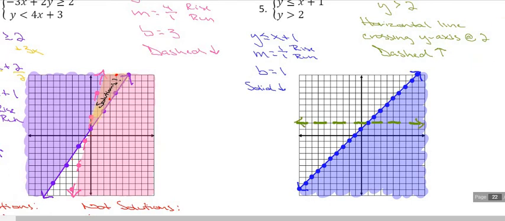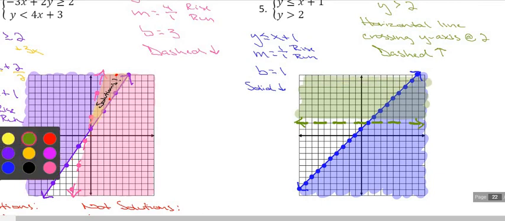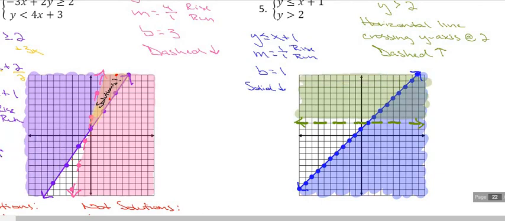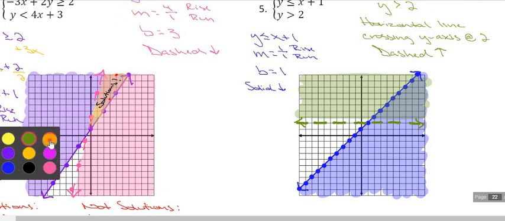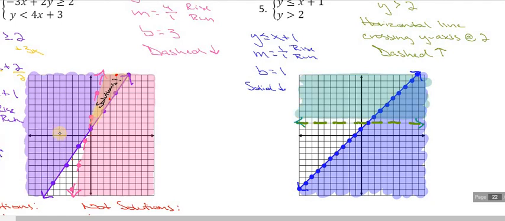Okay, so if we get our shading tools out, shading above that line, technically speaking, the boundary line itself does not work for this linear inequality due to the fact that it's dashed. In terms of the system, what we're on the lookout for is where we have both the blue and green shaded regions, and that occurs right here in this little triangle.